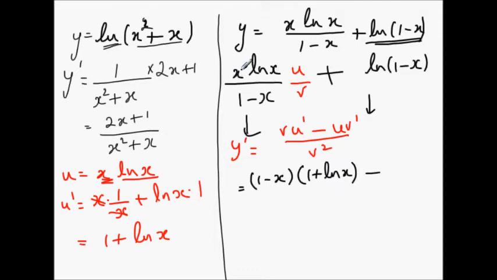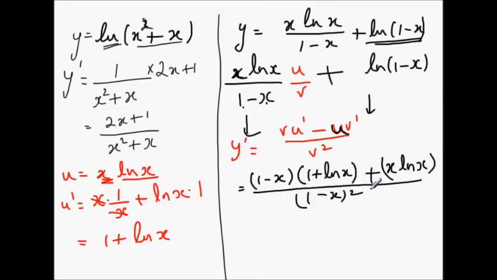minus u is x ln x, therefore substitute as it is for u, and v dash, it's easy, 1 minus x derivative is minus 1, therefore this becomes plus, divided by 1 minus x the whole square. I don't expand the denominator. Can we simplify this? 1 plus ln x minus x ln x.